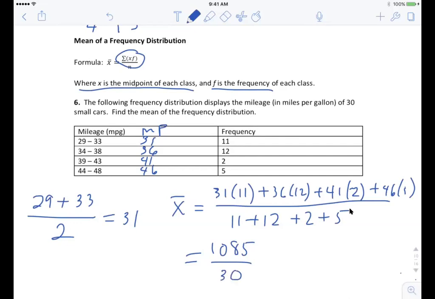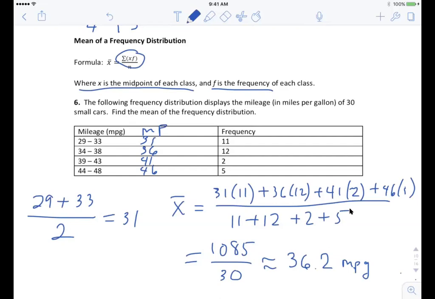Then I'm finally just going to do that division and round if necessary. Let's just do 1 decimal place. I'm getting a 36.2, and that would be an MPG. So that would be the sample mean, or mean of the frequency distribution.